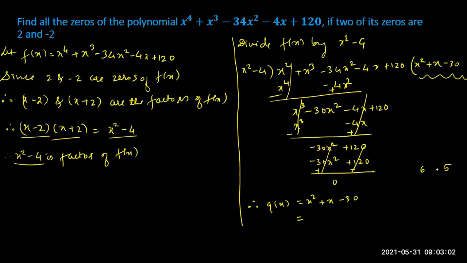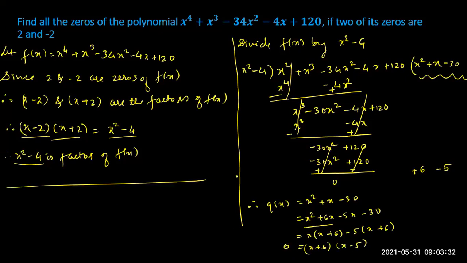Minus 30 we require, so minus 5 plus 6, 6 minus 5 is 1. So x square plus 6x minus 5x minus 30. Common is x plus 6, so this is equal to x plus 6 into x minus 5. Q of x equal to 0, I am taking it.